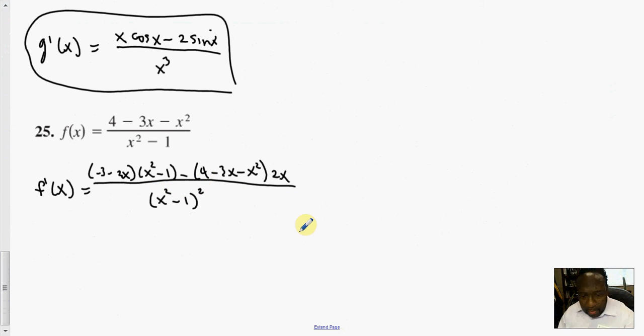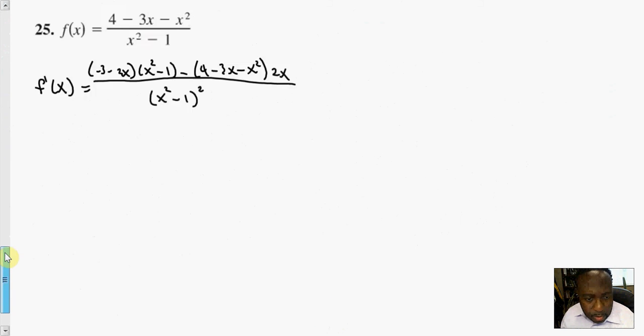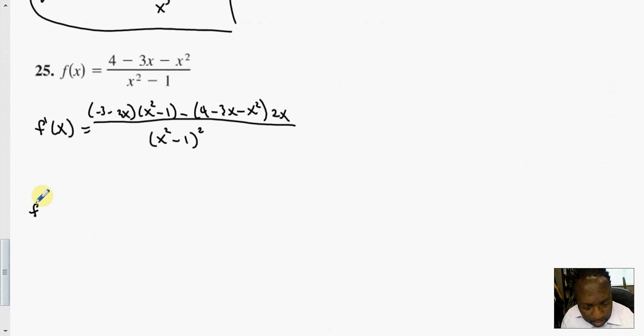So we simplify this. So f prime of x is equal to, just FOIL this through. So this is -3x squared plus 3 minus 2x to the 3rd plus 2x.